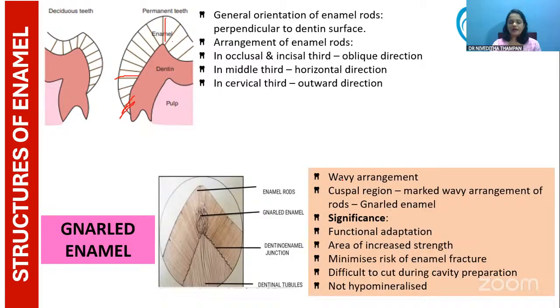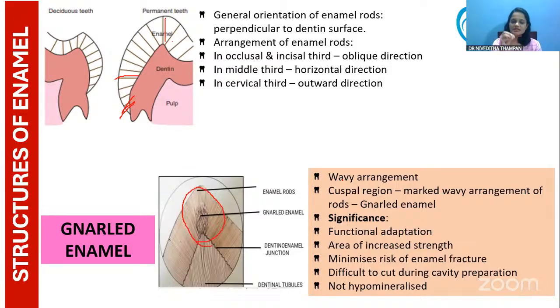But sometimes in the cusp tips of some of the teeth, you will be able to see a wavy arrangement of enamel rods, like this. This wavy arrangement of enamel rods is called gnarled enamel.